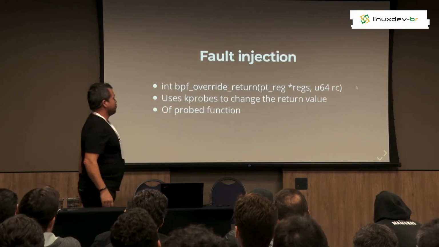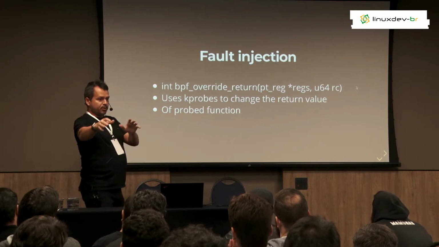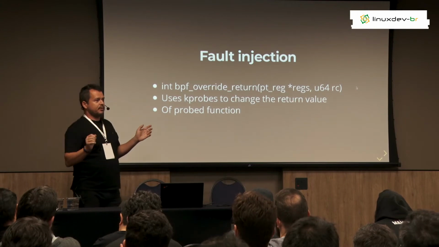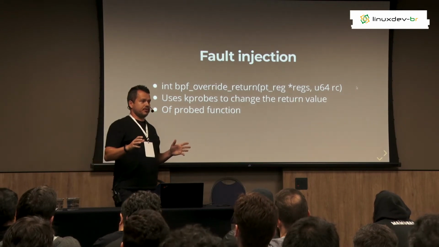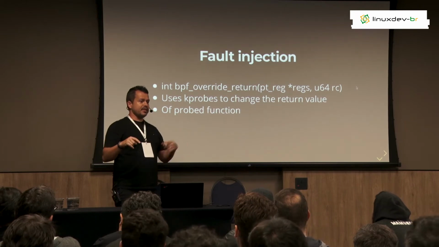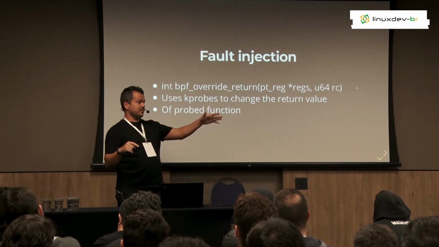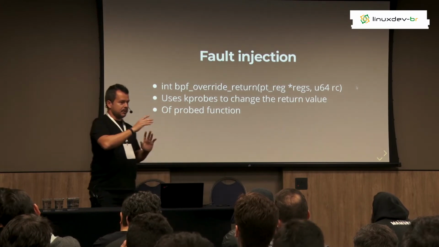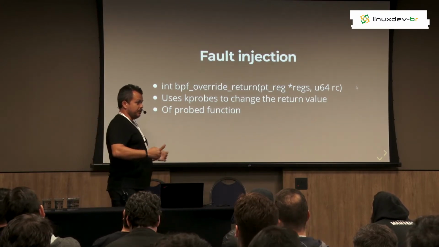Fault injection as well. You could put the probe in some place, and let's say you want any open that tries to open something in some directory to fail, it stops, and you inject a failure.